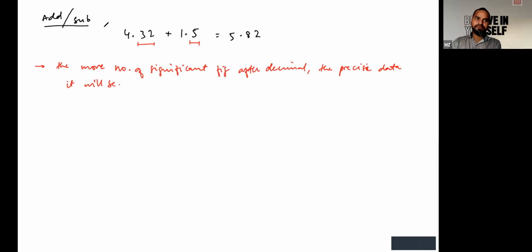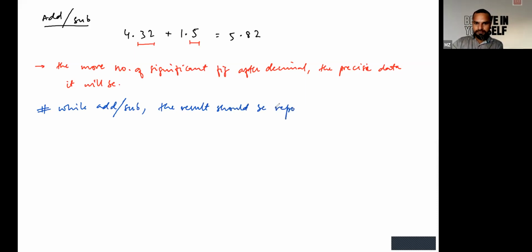So according to the law of significant figures, while adding or subtracting, the result of this operation should be reported in terms of the least precise data related to input.